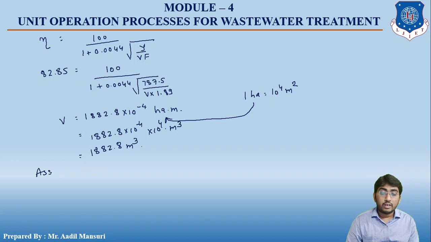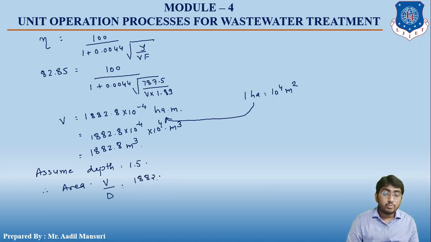Next step is to find out the area. So for that, assume depth equals to 1.5. So therefore area will be volume by depth, that is 1882.8 divided by 1.5. So this will be equals to 1255.21 meter square. Okay, so we have found out the area. So from this we can find out the diameter.